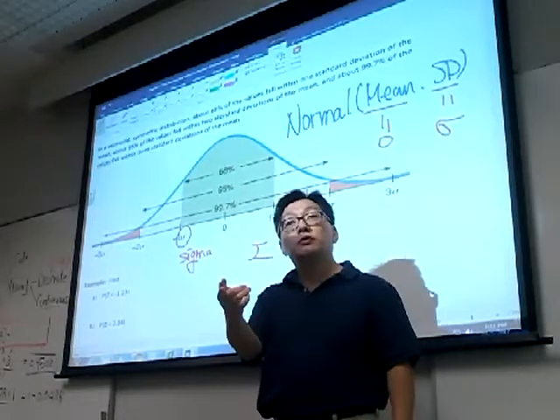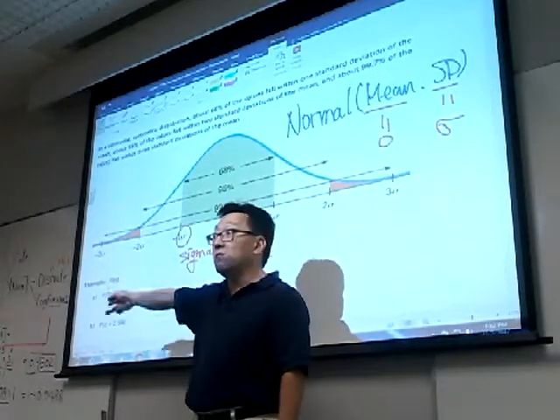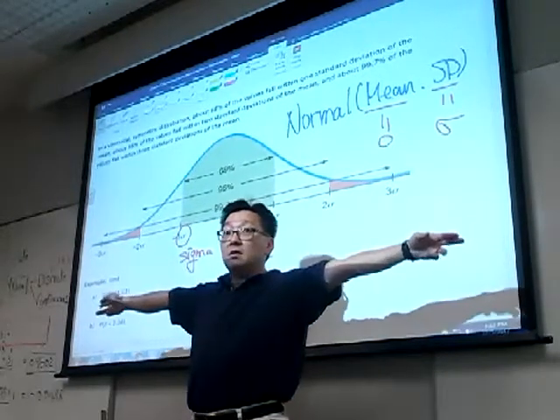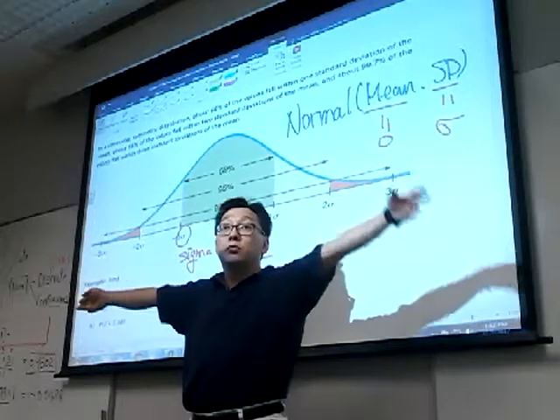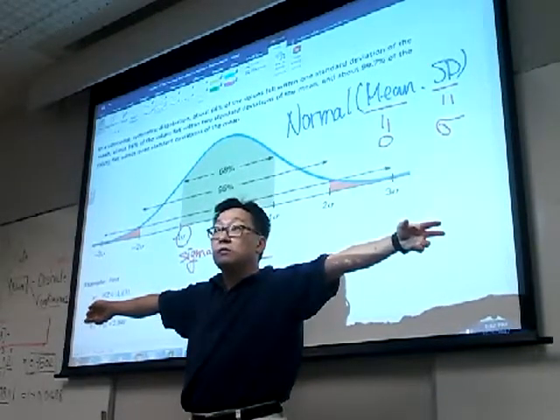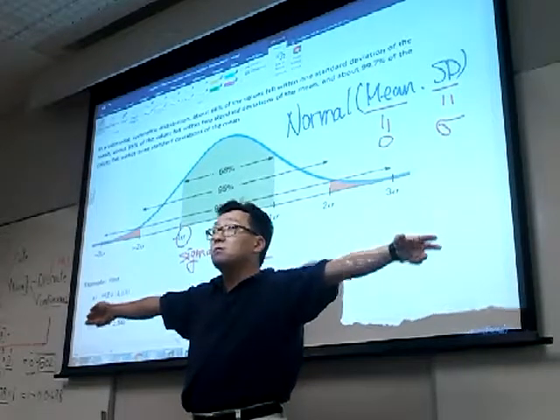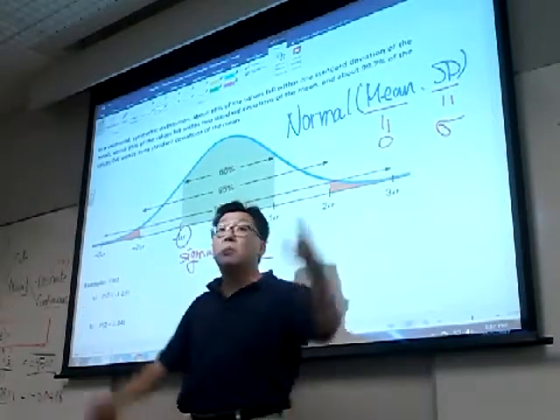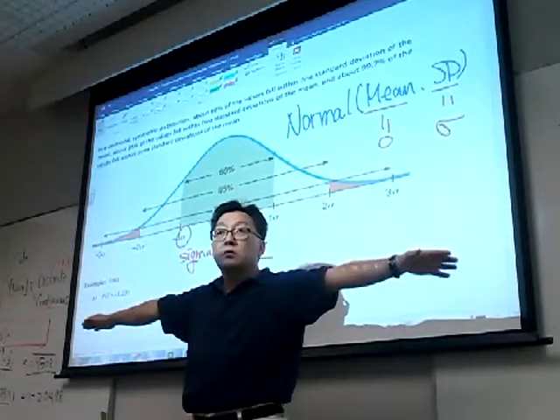As I told you, the normal distribution is defined from negative infinity to positive infinity. How much will be the probability from negative infinity up to positive infinity for the normal distribution?